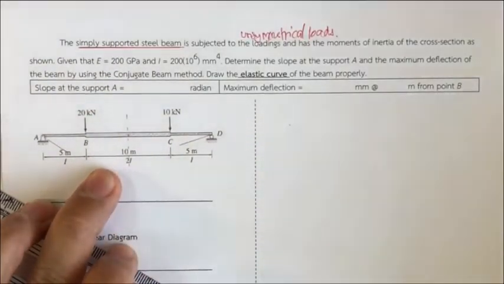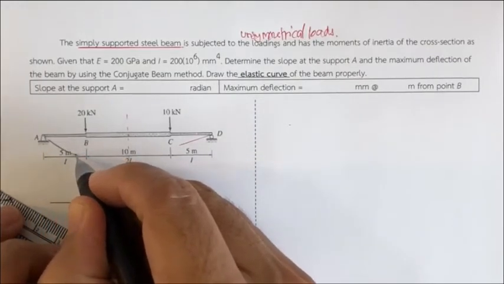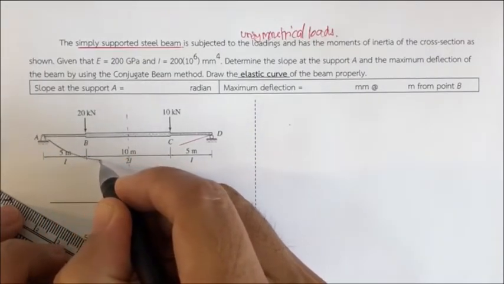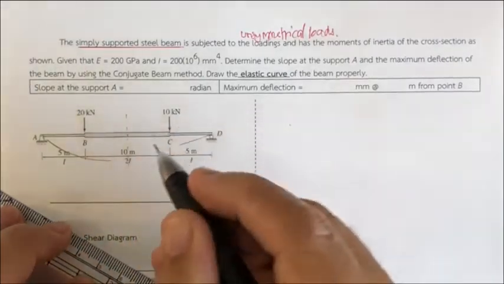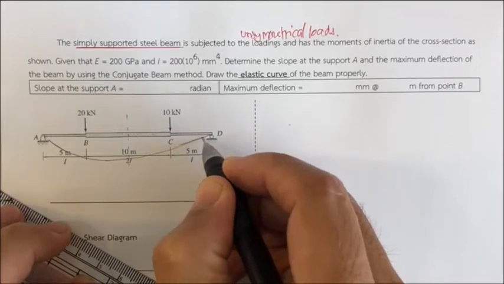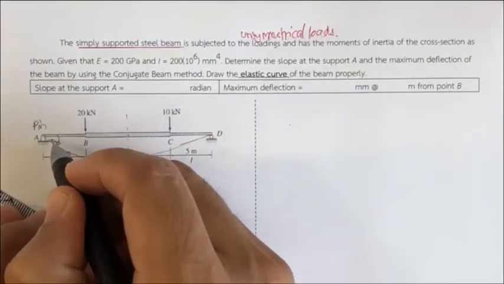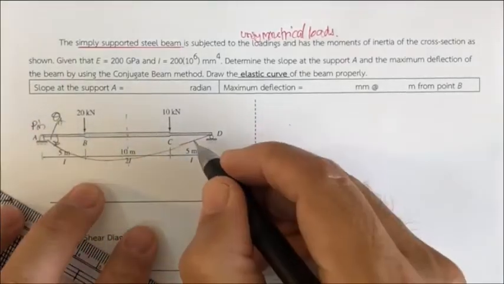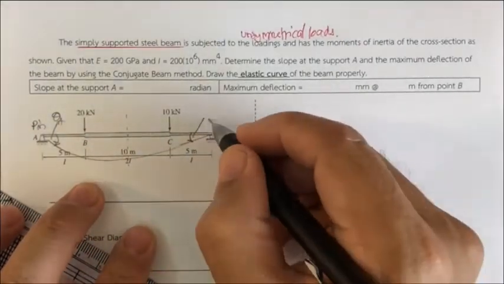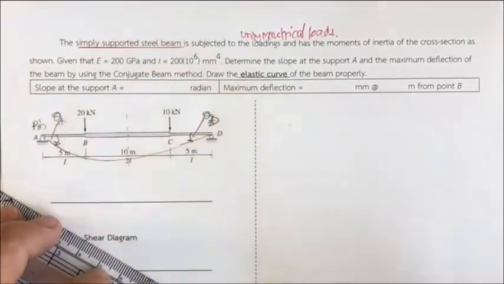If you assume the deflection is something like what I'm sketching here, it is going to be maximum around here, and then return back to the point D, because this is the pin. It's going to allow rotation theta A, and this is the roller. It's going to allow the rotation, or the slope, theta D.